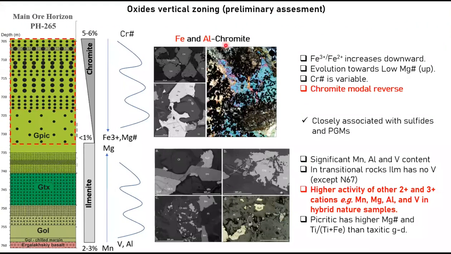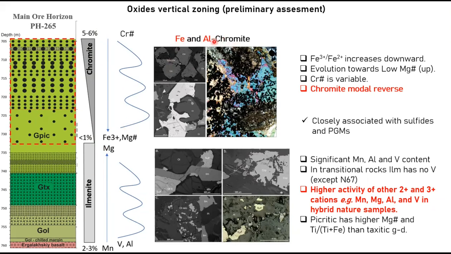This is a preliminary assessment of the oxides zoning. We found that chromite only occurs in the picritic gabbro-dolerite, and it shows modal reversal with very low modal amounts, less than 1% at the bottom, and up to 6% of chromite at the top. Additionally, we found that ilmenite occurs mainly in the lower units, the taxitic and olivine-bearing gabbro-dolerites.